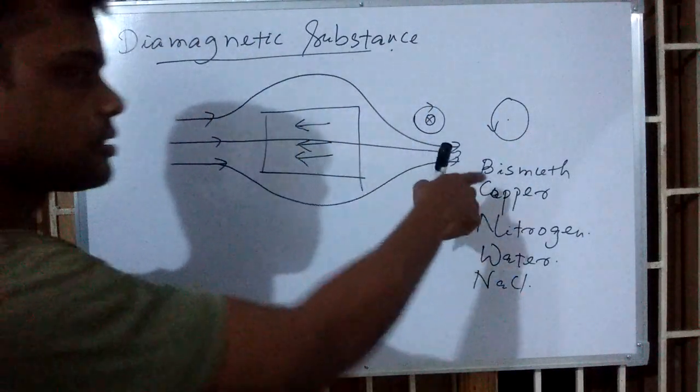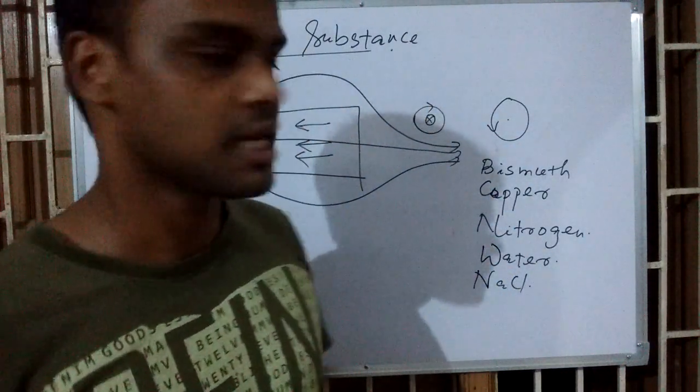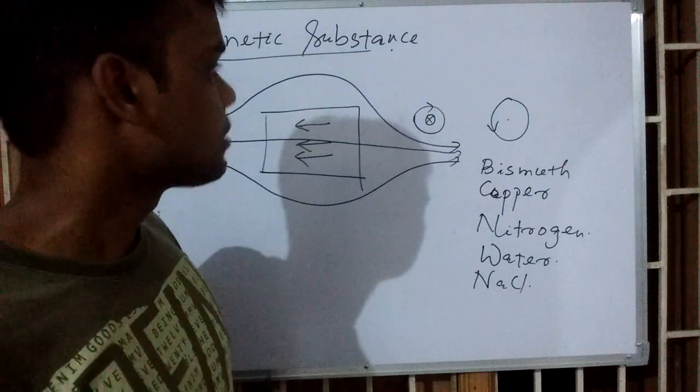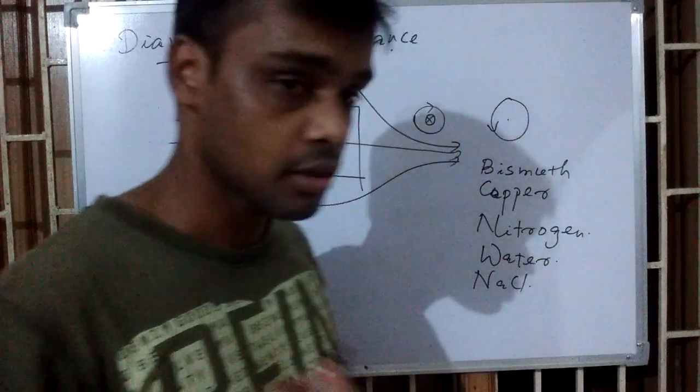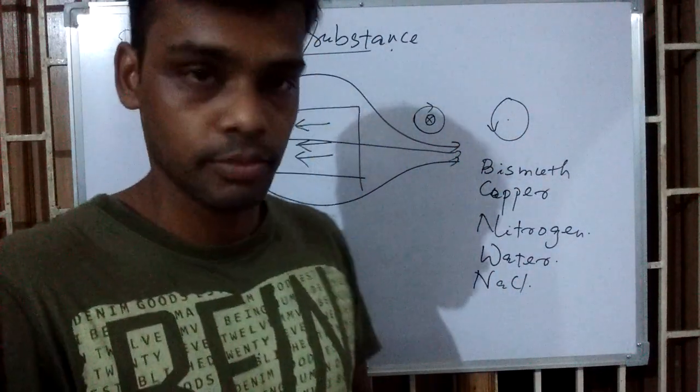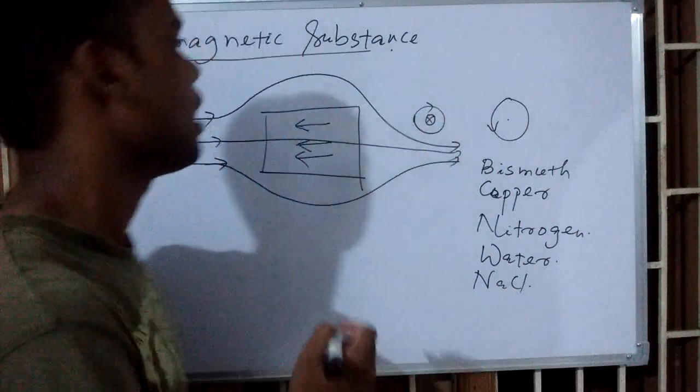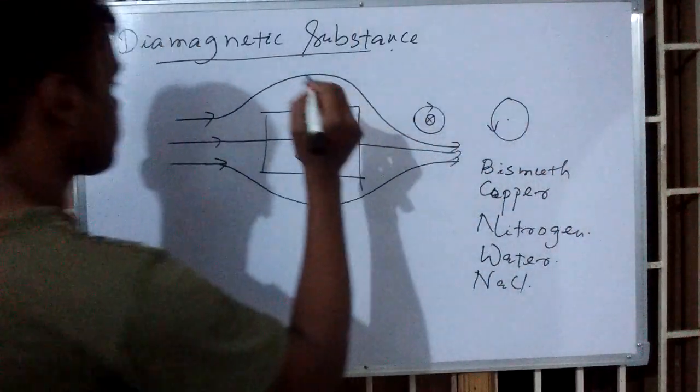These are typical diamagnetic substances. Another one, not common but the most eligible in this category, is our superconductors.